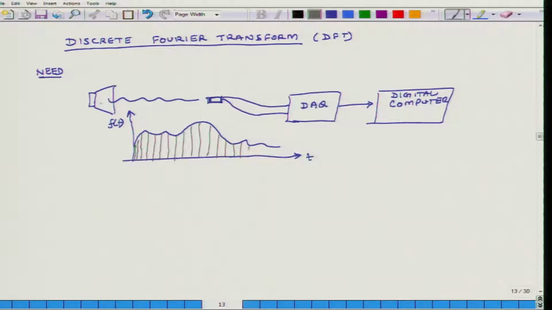So, this is my time axis. Let us say it measures every 1/10 of a second. So, I will get a lot of points. And what I will not have is a continuous curve.